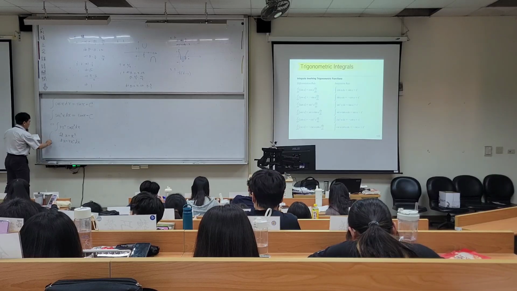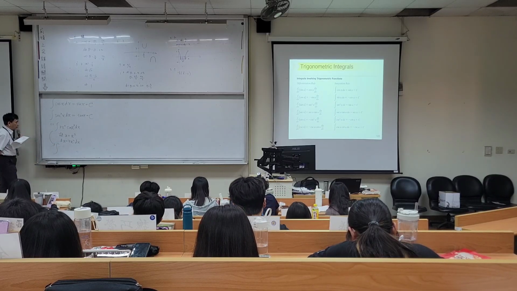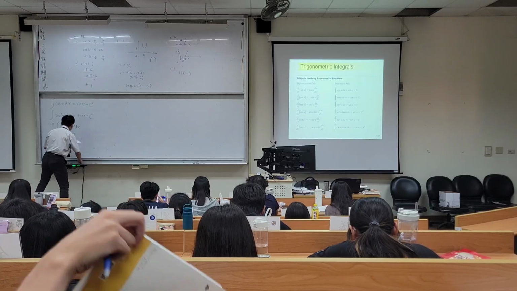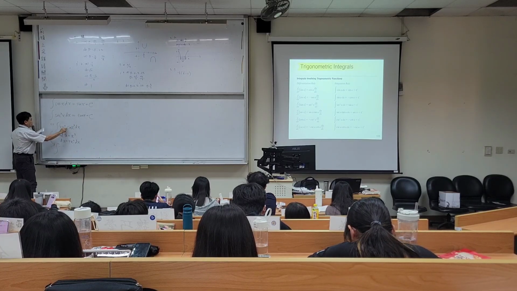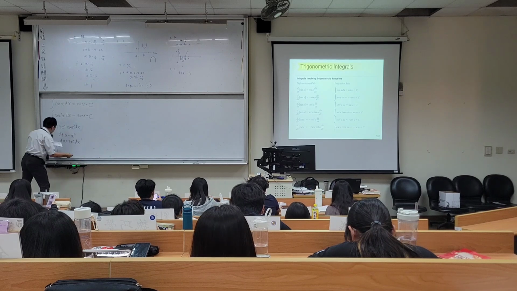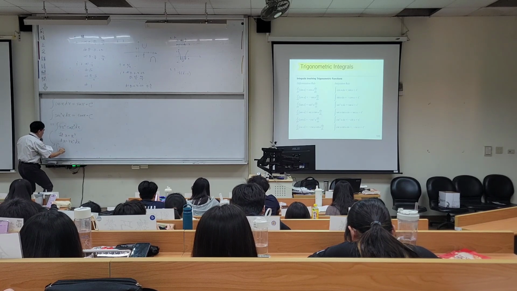So this will be equal to, 3x squared dx, which is du. So we will get sine u du.